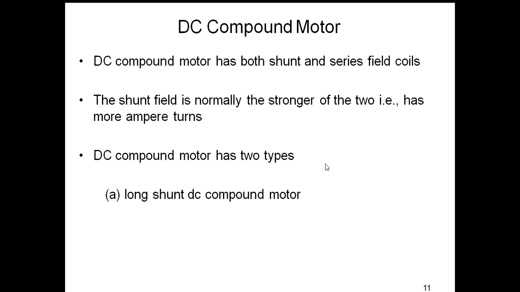And these DC compound motors are classified into two types. One is the long shunt DC compound motor, and the other one is the short shunt DC compound motor.